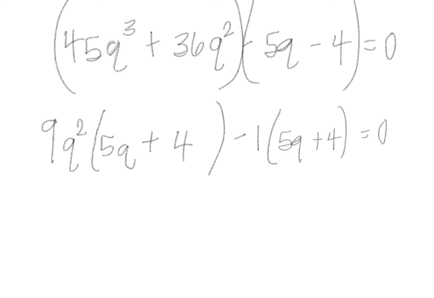So since they're the same thing, I can take it out. And when I take it out, you're literally left with 9q squared and negative 1. And I'm trying to turn my 9 into a q.